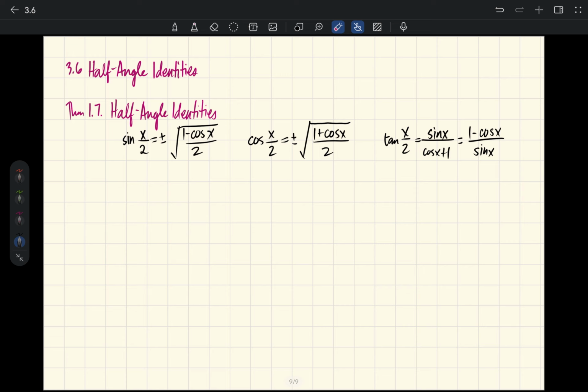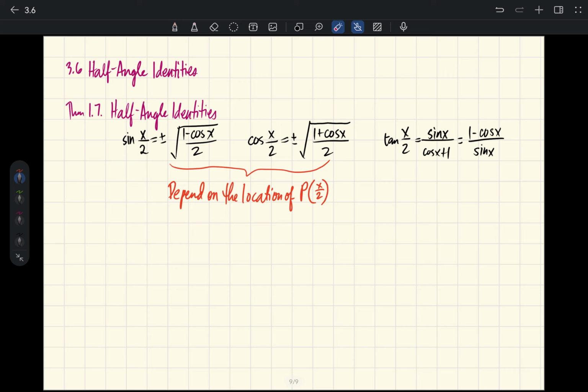Now you might be asking why we have plus and minus here. That's because the values right here would depend on the location of the point of x over 2.